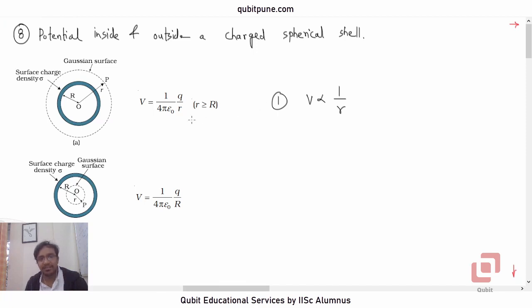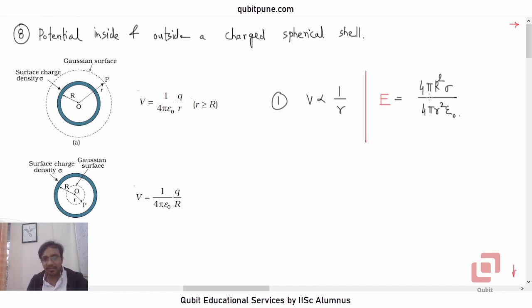and this is not a surprise, because you know that the electric field outside a uniformly charged spherical shell is given by 4 pi r squared sigma upon 4 pi r squared epsilon.